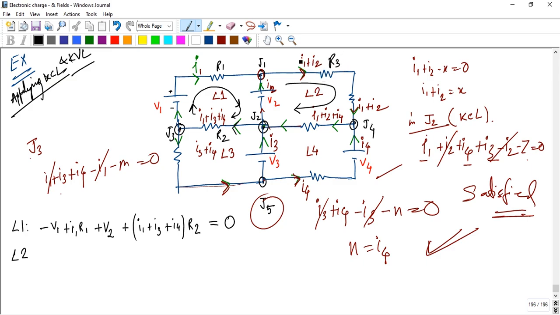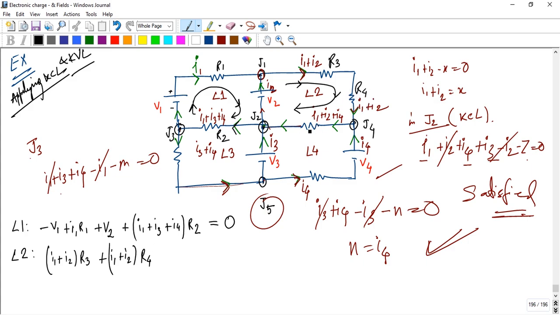The potential drop across R3 is (I1 plus I2) times R3, in the same direction, so it will be plus. And suppose this resistance is R4, the same direction, so same (I1 plus I2) times R4, the potential drop across R4.